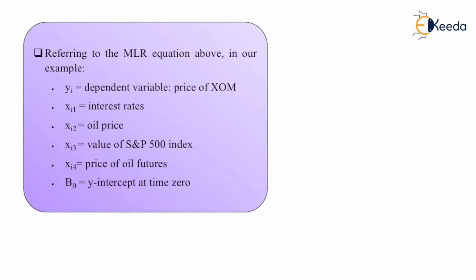So referring to the MLR equation above, in our example, the dependent variable is the price of Zoom. Then x1, x2, x3, x4: first is interest rate, second we are considering oil price, third we are considering the value of index, then price of oil, and beta 0 we are considering as time 0.